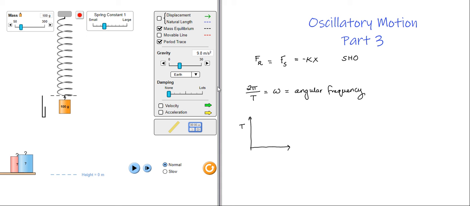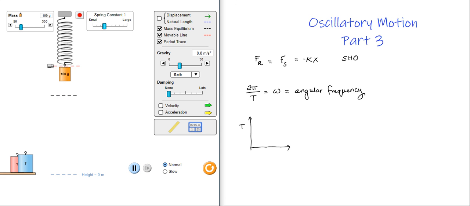So we'll go ahead here and we'll watch this, and we can put a movable line in here so that we can establish kind of how high it's rising, maybe right to the center of the mass. Now if I increase the spring constant, what I see here is that it's moving a little bit faster, or maybe a lot faster.